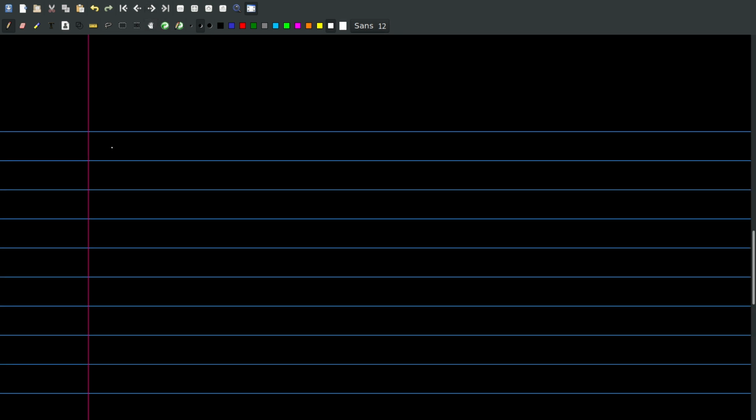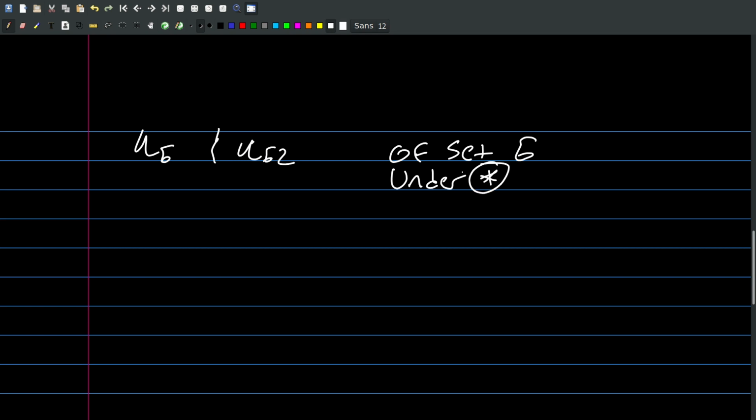Can there be more than one unit? So suppose there is. So suppose there's one unit here, and there's another unit of the set G under this binary operation. Okay, so U1 times U2 equals U2, and we're assuming that these two are unique.